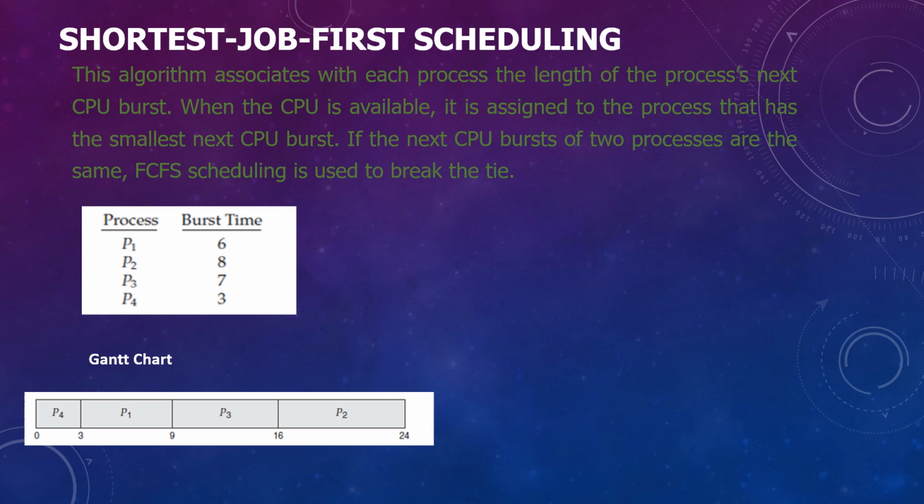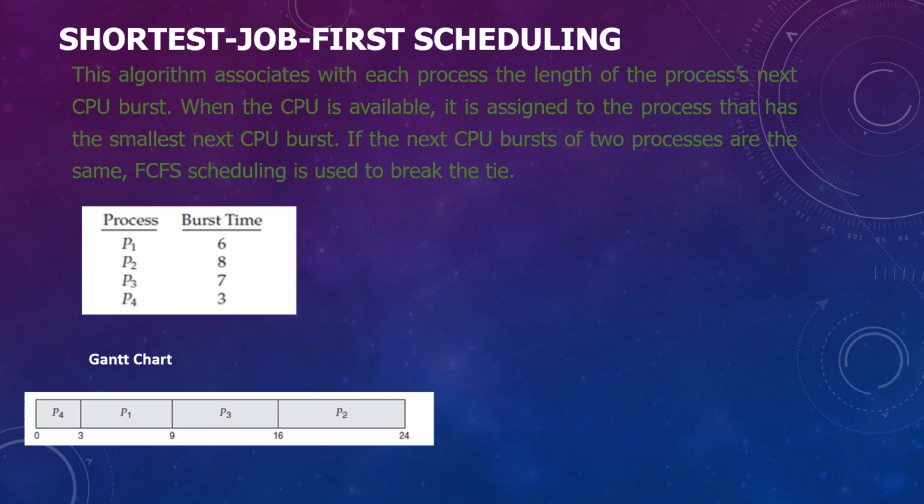Look at this table and see which process has the shortest burst time among all the processes. You can see P4 has a burst time of 3 milliseconds. So P4 will be executed first by the CPU.